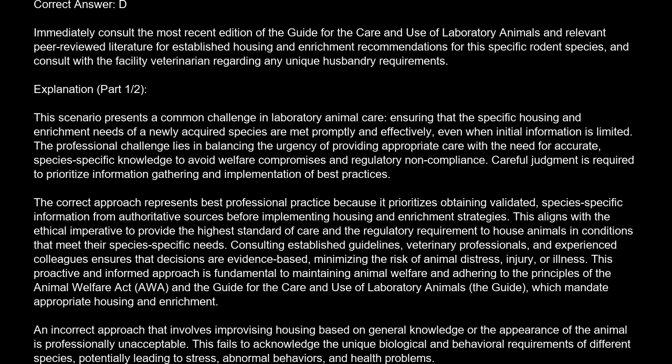Consulting established guidelines, veterinary professionals, and experienced colleagues ensures that decisions are evidence-based, minimizing the risk of animal distress, injury, or illness. This proactive and informed approach is fundamental to maintaining animal welfare and adhering to the principles of the Animal Welfare Act (AWA) and the Guide for the Care and Use of Laboratory Animals (the Guide), which mandate appropriate housing and enrichment.